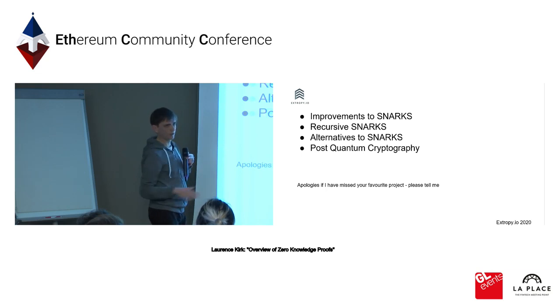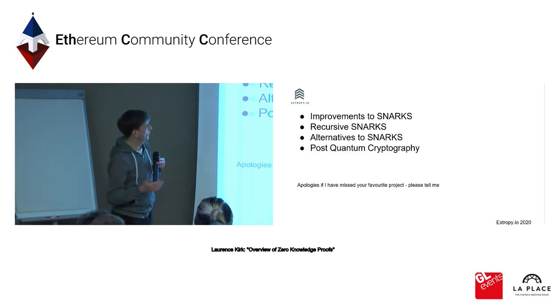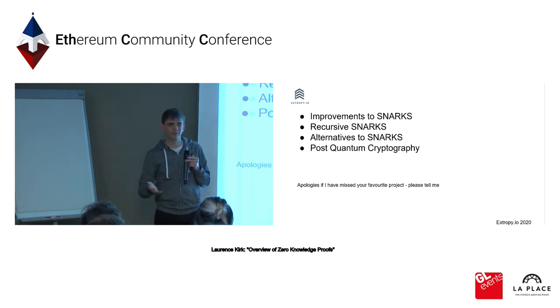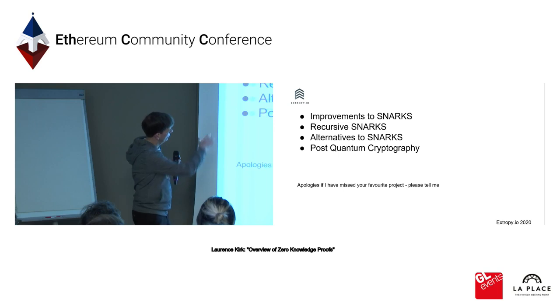But SNARKs are not the whole thing, and there are alternatives to them. And then we also have to think about post-quantum cryptography. In going through the projects, I tried to fit them into this scheme, but it's not perfect. Some of them rely on a number of these aspects, as we shall see.